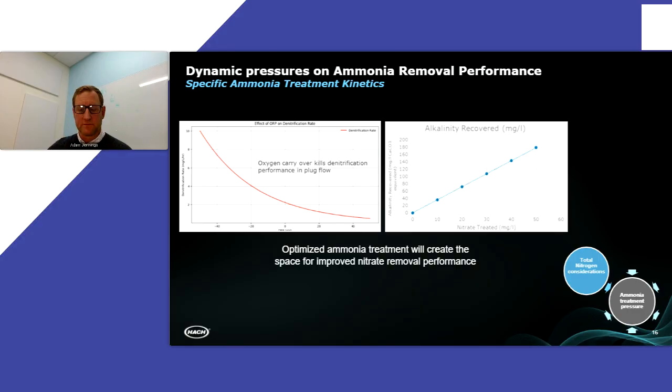So on that same note, if we're talking about a total nitrogen situation, the conversation's largely around ammonia, but you can't have a conversation strictly about ammonia without talking about nitrification and denitrification in some plants. There are a lot of facilities out there that have internal recycles. So we have the ability to take some of the flow from the end of an aerobic zone and bring it back around to an anoxic zone, maybe in the front half of the plant.